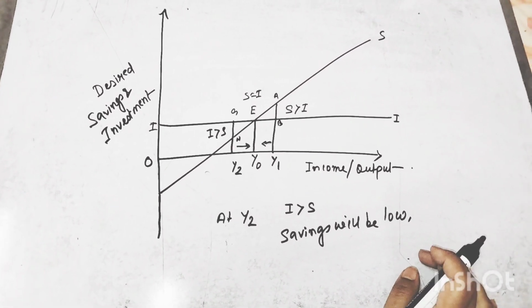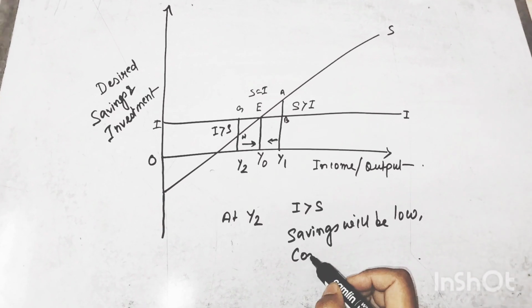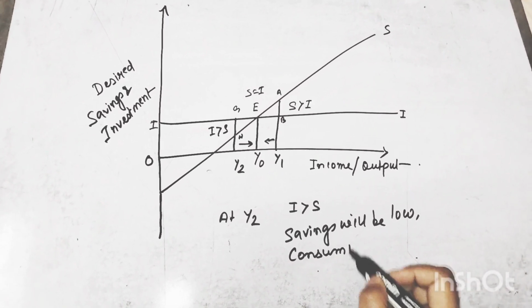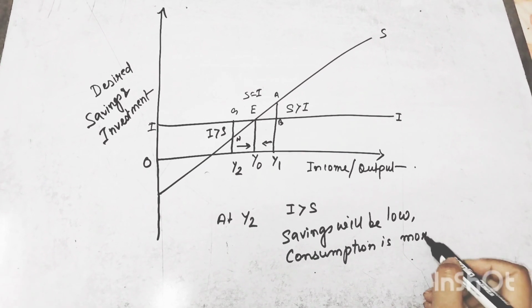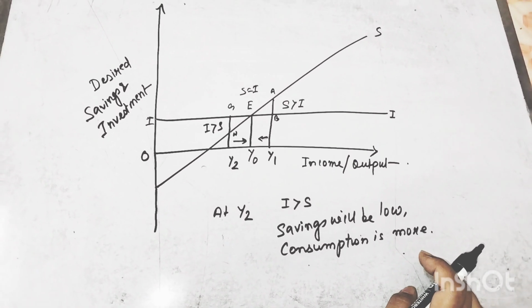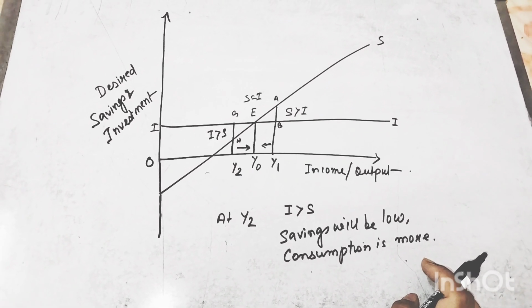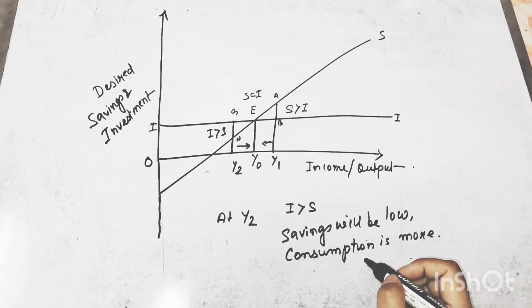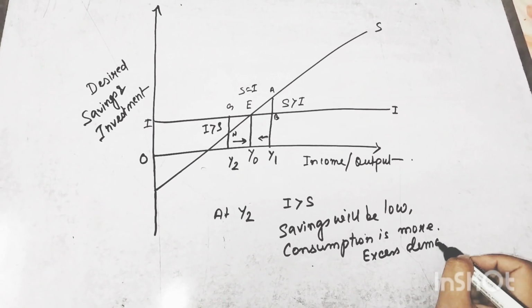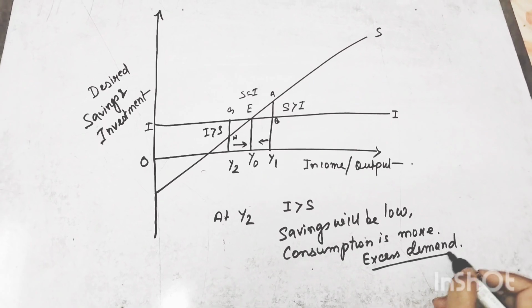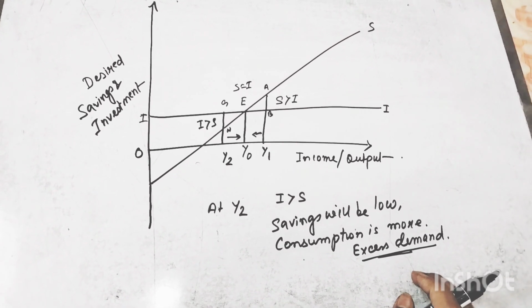Now if your saving is low, what will happen? Your consumption will be more, as your saving is low. That means here there will be excess demand.